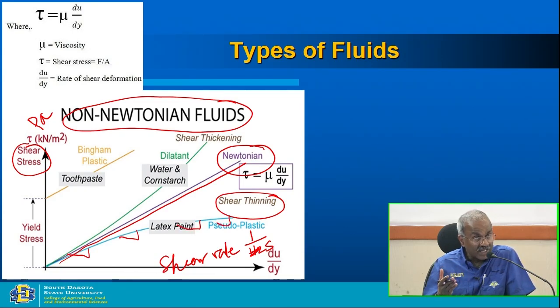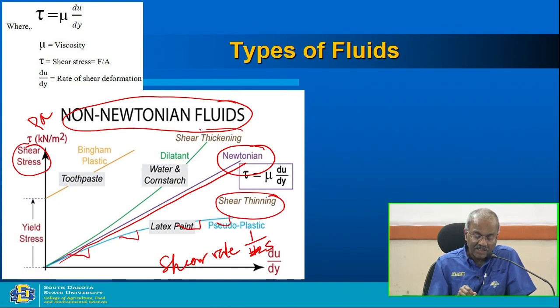Slope is the viscosity, right? Shear stress over shear rate is viscosity, similar to modulus of elasticity, stress over strain. Here same thing, shear stress over shear rate, that's called viscosity. So shear thinning means initially it will be harder to shear. If you keep shearing faster, it's easy to shear. That's why it's called shear thinning fluid.